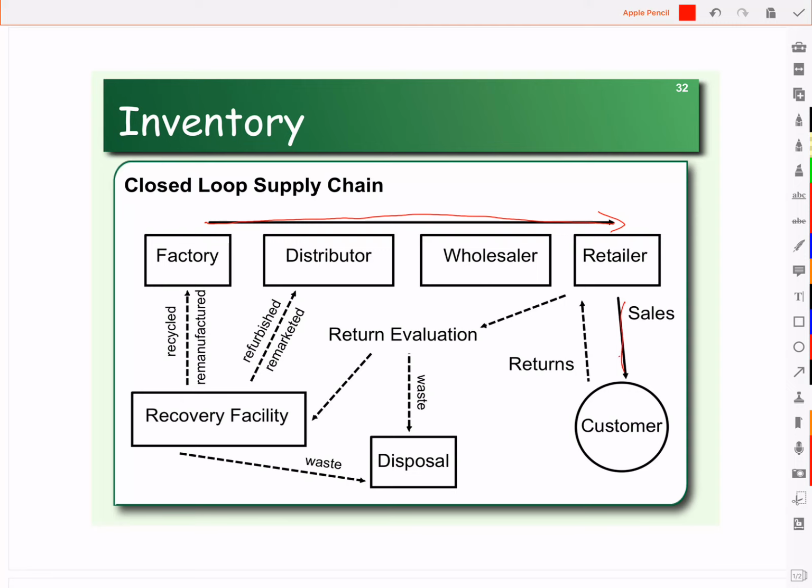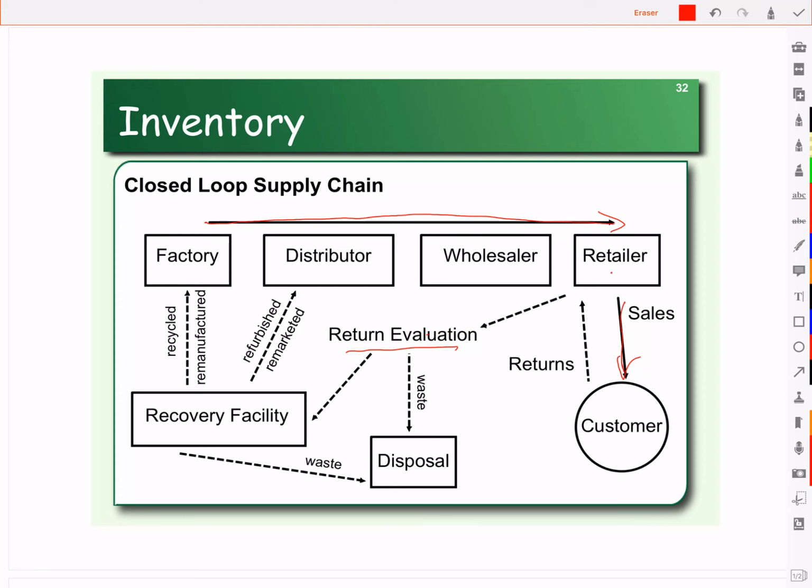As a retailer, you sell product to the customer. The customer, if it is a commercial return, will return it to the retailer. The retailer can then resell the t-shirt that didn't fit for you. If our return is for a defective product or an end of use or end of life, the customer returns it to the retailer, and the retailer then evaluates why it's being returned and what's wrong with it.